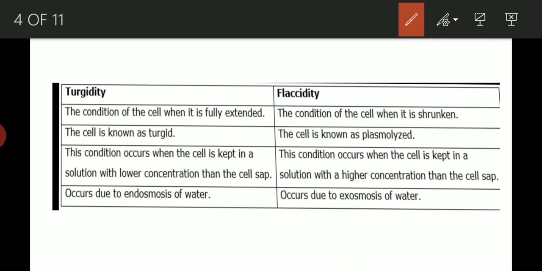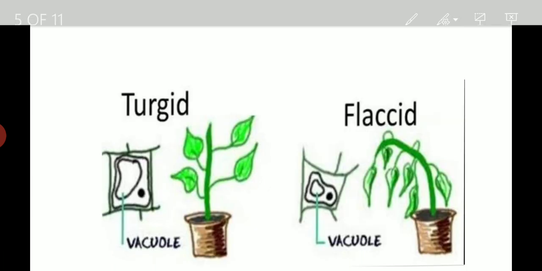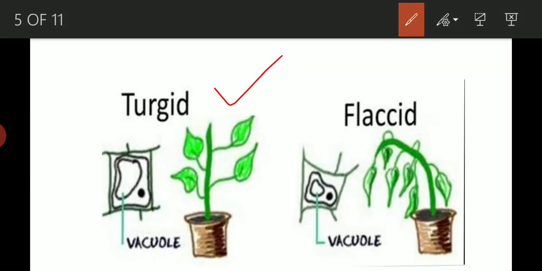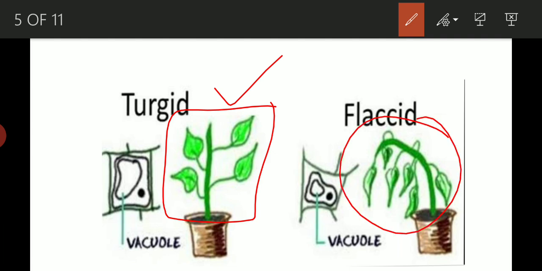Okay. So I am showing an example of turgid and flaccid cell. See, this condition is a turgid cell. A well-potted plant, fully extended leaves are there because the vacuoles are full of water. But see the drooping down of the leaves in this plant. Why? Because all the water from the plant has come out. So there is no rigidity in the cell wall because exosmosis has occurred.